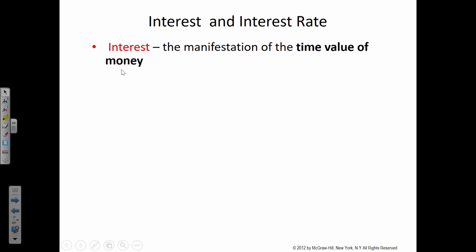Think about prices of things over time. Have your parents ever gone over that with you, about how much a candy bar cost in their day, or a gallon of gasoline was 78 cents, that sort of thing? You've heard that, right? Everybody's heard that. And what that's talking about is how prices always seem to be increasing. So if I give you $1,000 now, you can buy a lot of stuff.